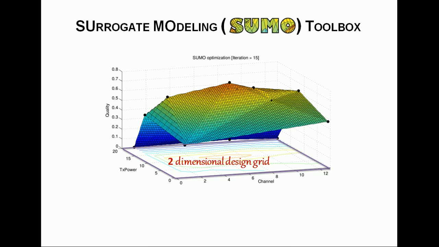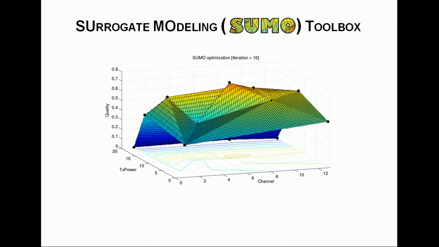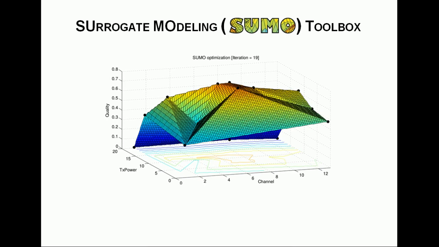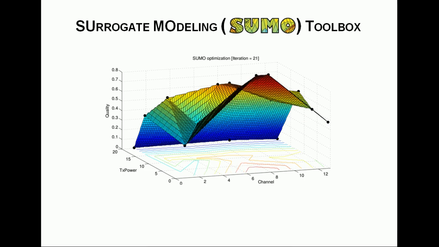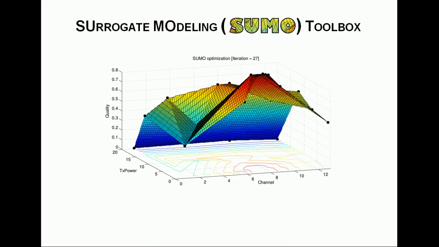After that, the SUMO toolbox predicts the next sample point from the surrogate model, expecting it will improve the system performance. This process is iterative, and each time increasing the sample points, the surrogate model better approximates the system, and also speeds up the search for the optimum settings.